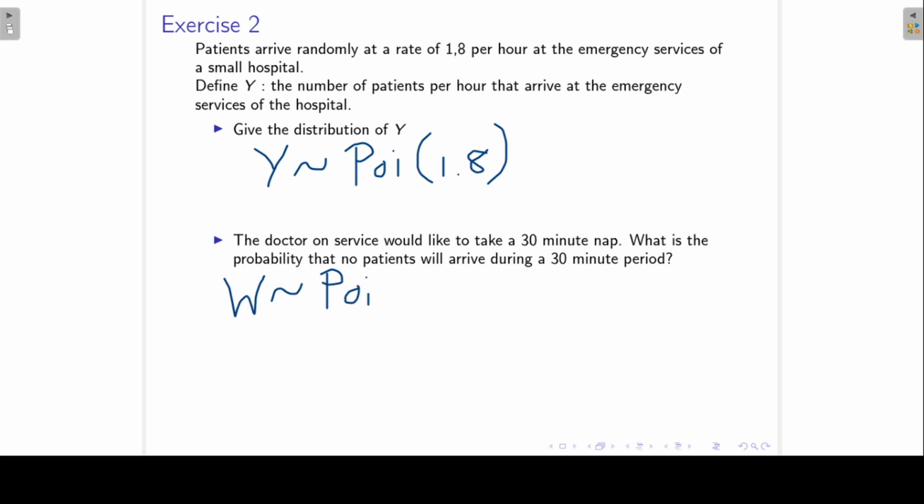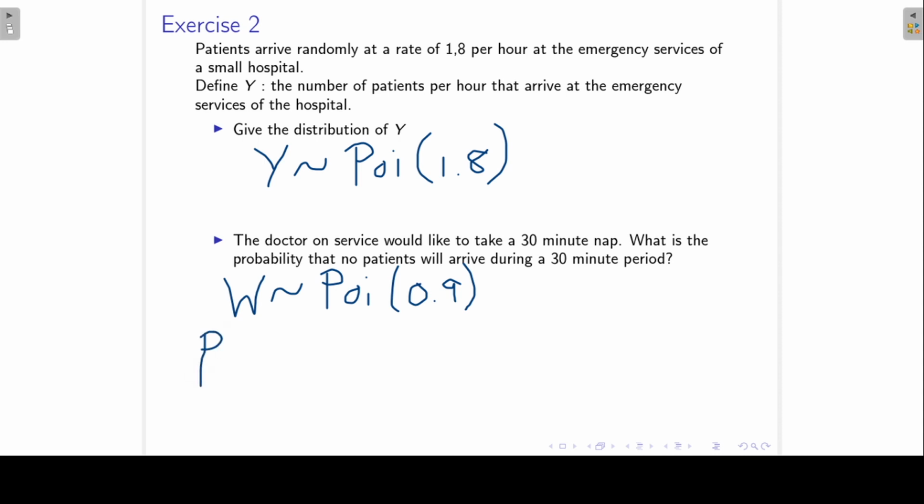So w is the number of patients that will arrive in a 30-minute time period. So w will also follow the Poisson distribution, but the parameter will now be 1.8 divided by 2 because we are now looking at a 30-minute time period and not an hour time period. So it will follow a Poisson distribution with parameter 0.9.